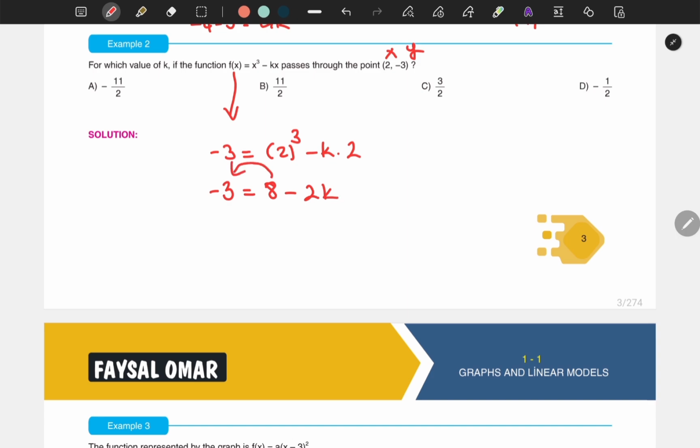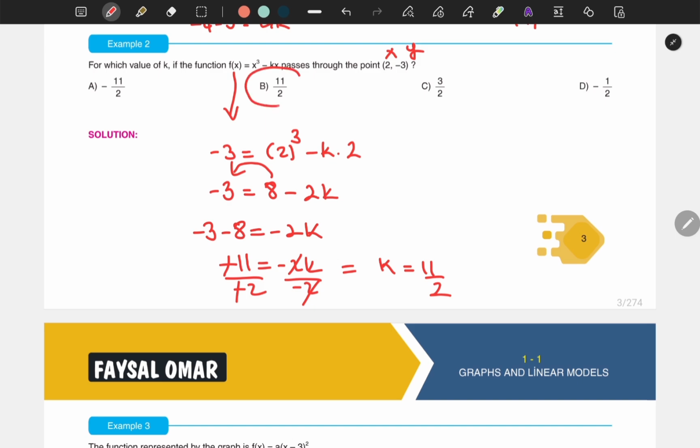Can I move this one to the other side? Negative 3 minus 8 is equal to negative 2k. Negative 11 is equal to negative 2k. Can I divide both sides by negative 2? The negative signs cancel. Can I say that k is equal to 11 over 2? Yes, it is answer B.